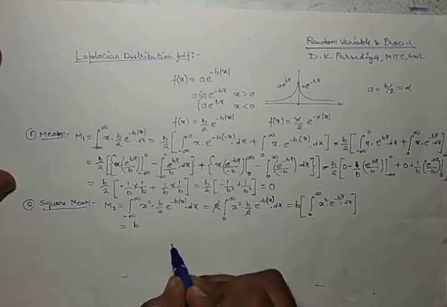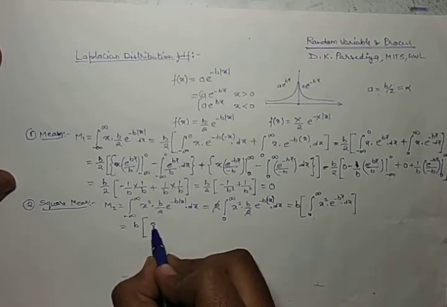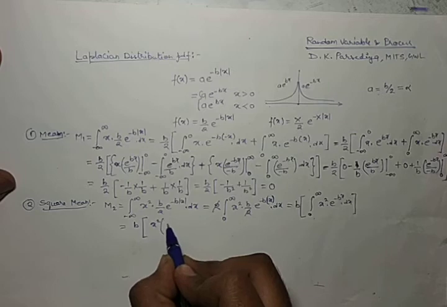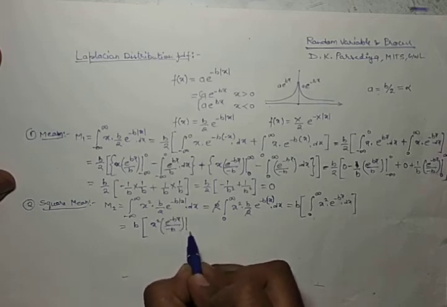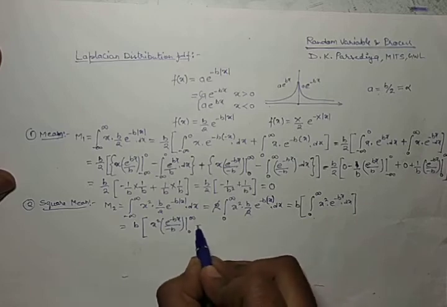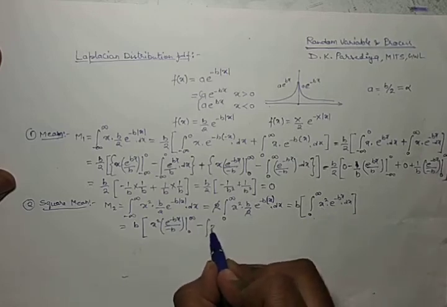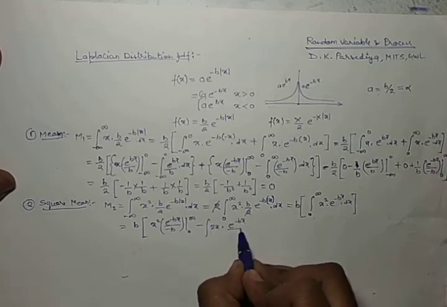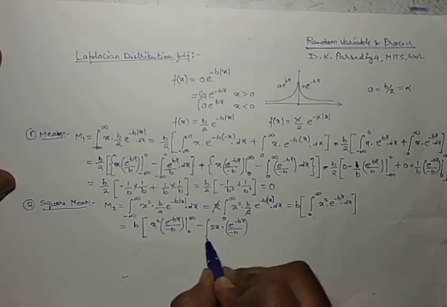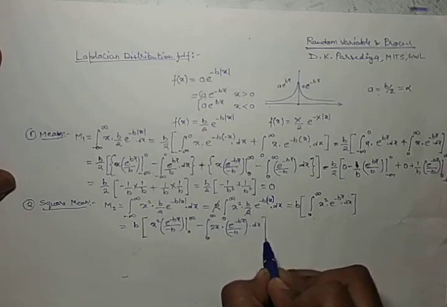So constant is b, first function is x square, integration of second function, that is e to the power minus bx upon minus b for the limit 0 to infinity, minus integration of differentiation of first function, that is 2x, and integration of second function is e to the power minus bx upon minus b for the limit 0 to infinity dot dx.